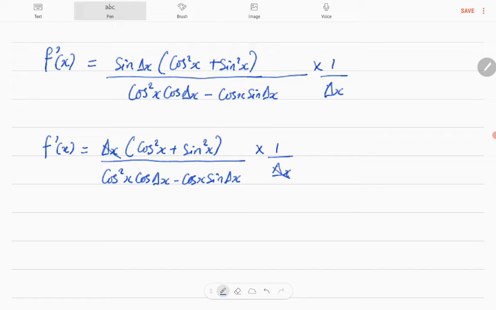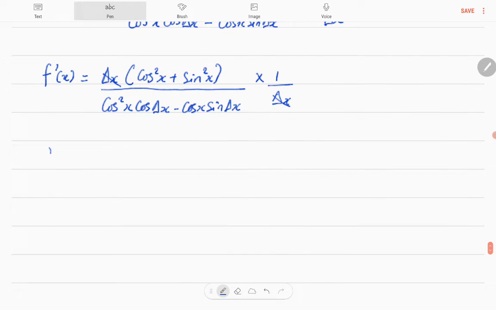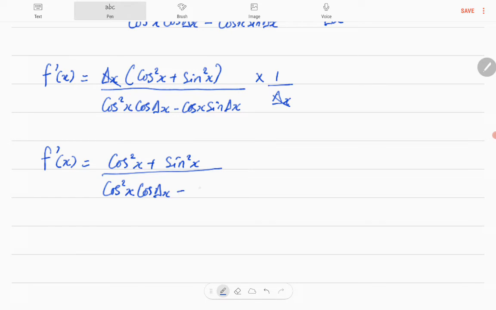So dx here will cancel this, you'll be left with f prime of x is equal to cos square x plus sin square x divided by cos square x cos dx minus cos x sin dx.